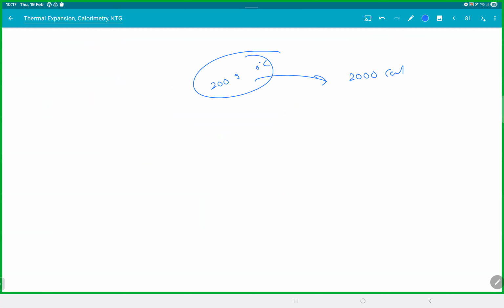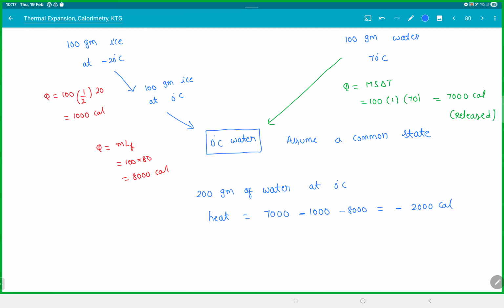Now, instead of mixing and everything, you converted the question into something more easy. So if you remove heat from the water, it starts freezing. Since heat is negative, the water freezes to ice. How much? Q is equal to MLF. So Q is equal to 2000. This will be M into 80.